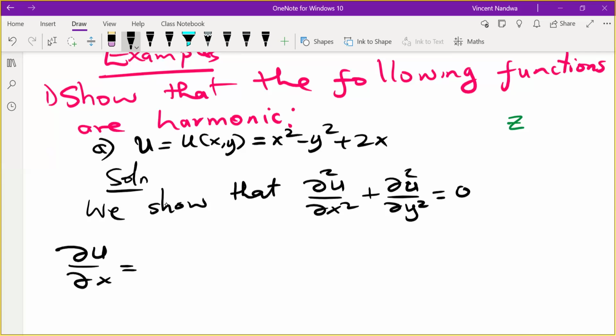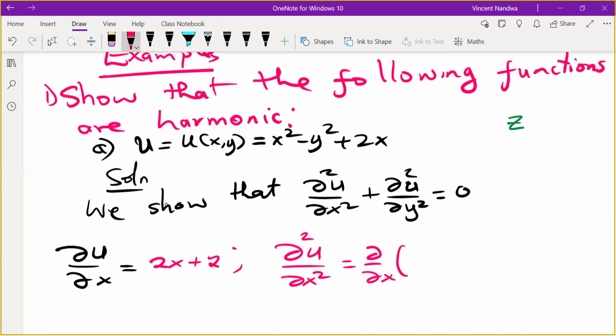Partial u, partial x is 2x plus 2. Then partial squared u, partial x squared means you differentiate the first derivative, which is just 2, okay?